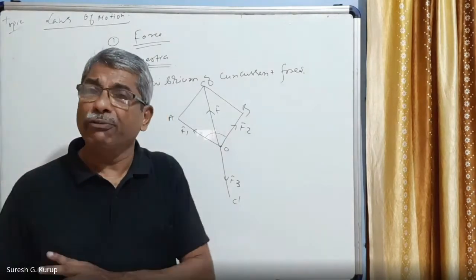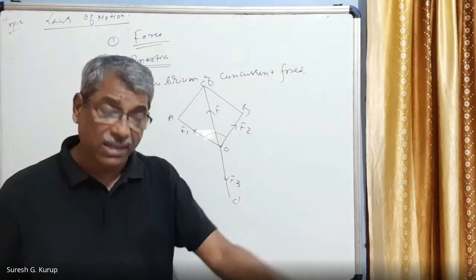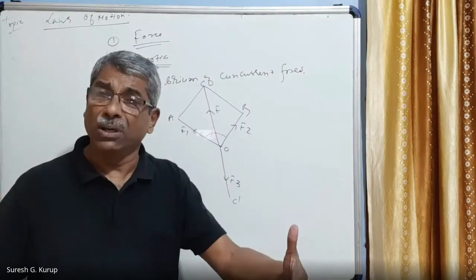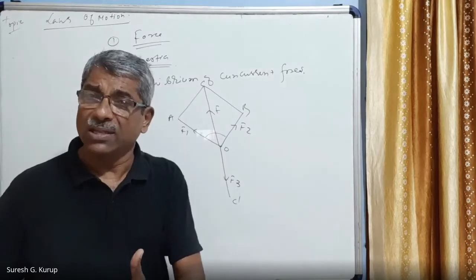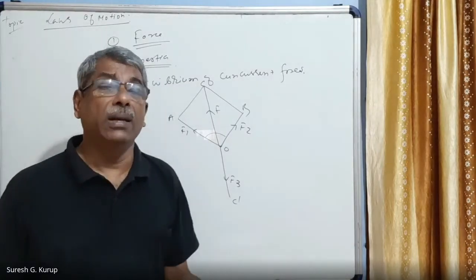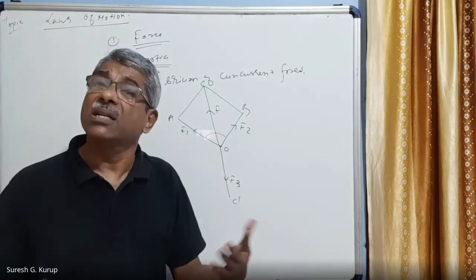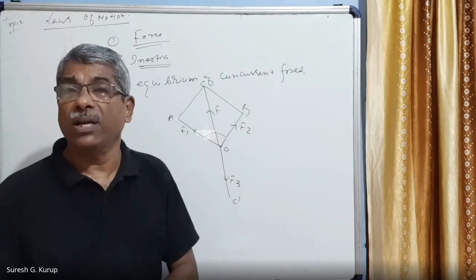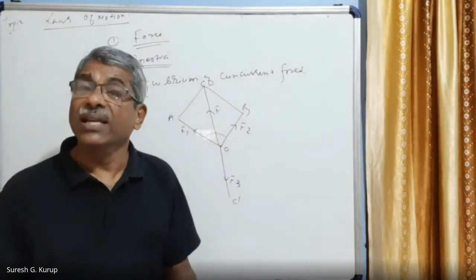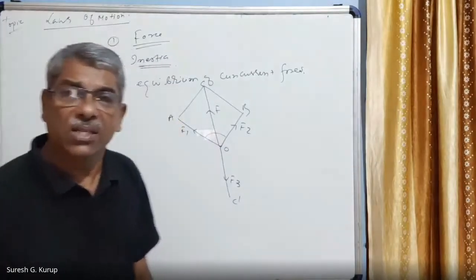If one of the teams is stronger than the other, then the middle mark point will move towards that side. Okay? In that case, we'll say that the force is unbalanced. Then there is a resultant displacement that takes place on the body, or the body gets accelerated in the direction of the stronger force. In other cases, we can say that the force is balanced.